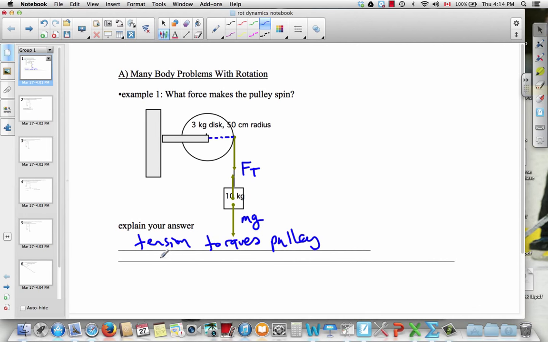The other thing to realize is that since the net force on this mass is mg minus tension, the tension is actually less than the weight of that hanging mass. So to say that the torque on this pulley was mg times r would be overestimating the torque.